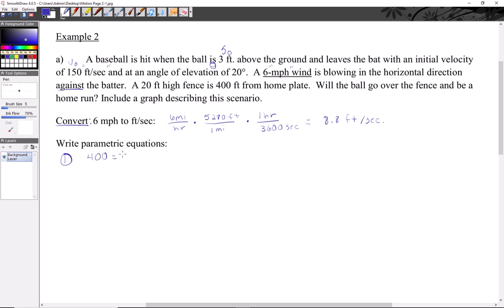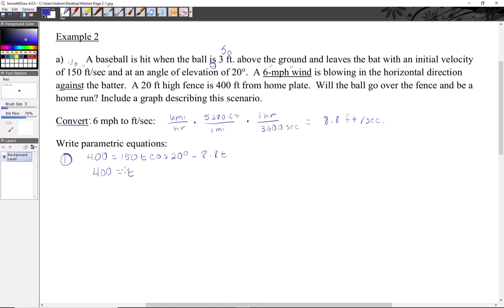That's going to equal 150 t cosine 20 degrees minus 8.8 t. We should be able to get t pretty easily because there is no third item tacked on here, some constant that would force us into the quadratic formula. So let's see if we can solve this.